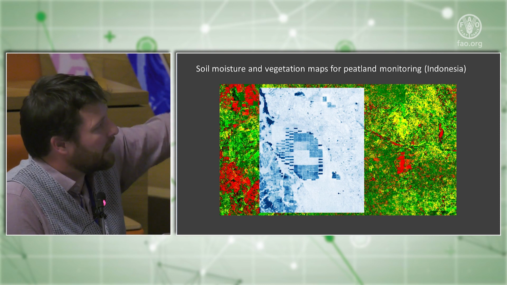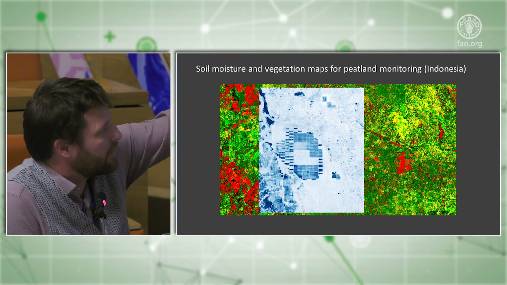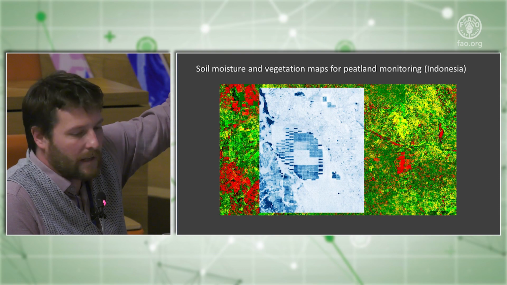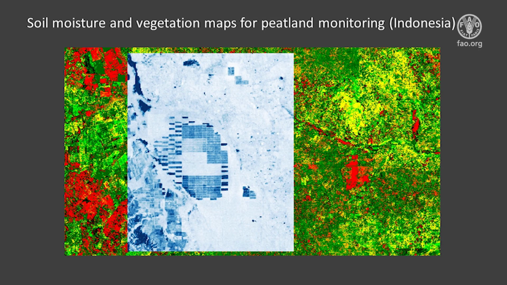And both time series of vegetation, the thing you have behind, and soil moisture maps are being used as inputs inside the Peatland Restoration Agency of Indonesia and the Ministry of Forest and Environment also.